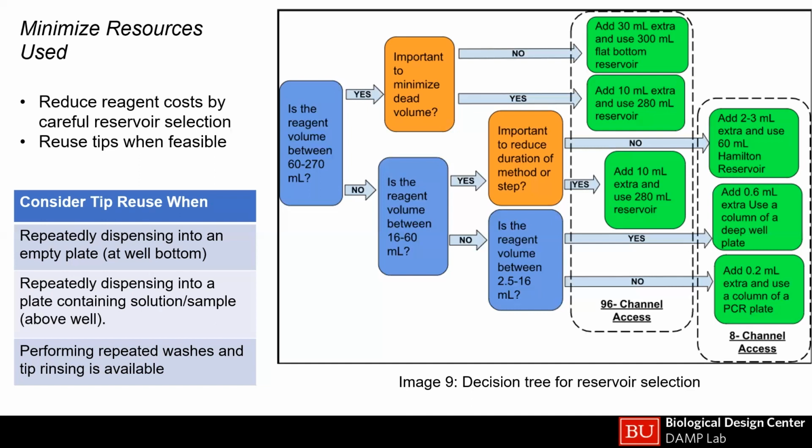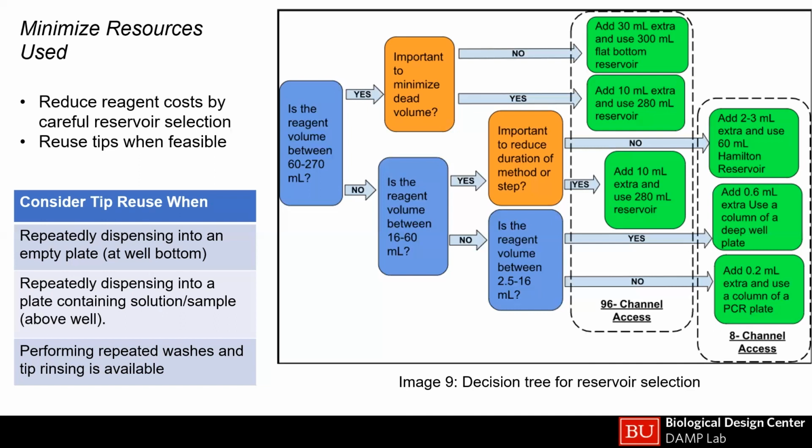And this was done with the Hamilton Microlab Star in mind and some of those labwares that we had. So sometimes there are very specific labwares in a thing like this.